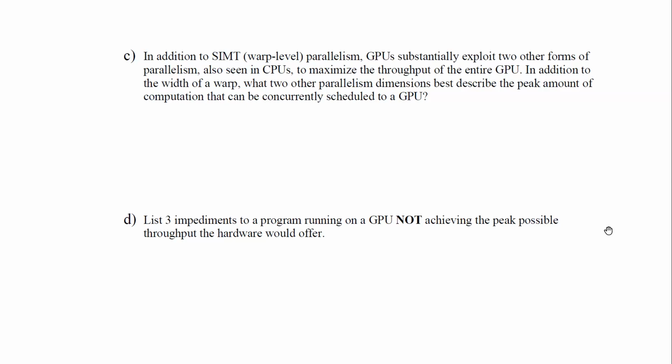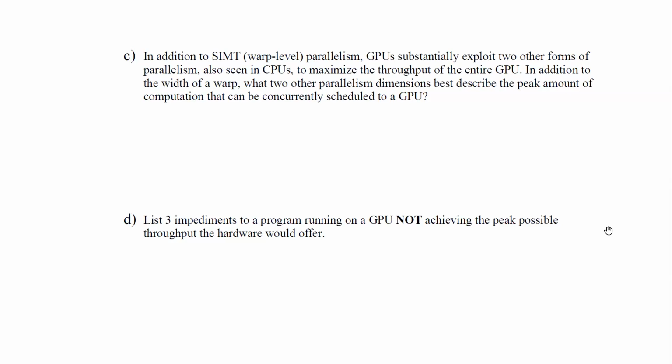Okay. So what are some impediments that would cause the GPU to not achieve the peak possible throughput the hardware would offer? I've got a very large number of ALUs.